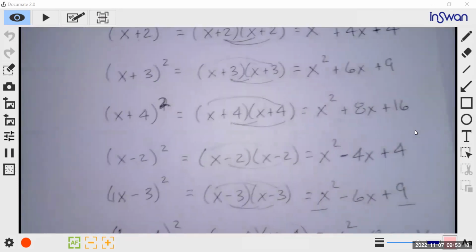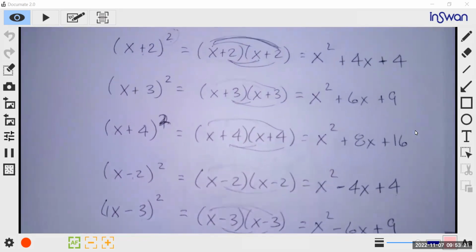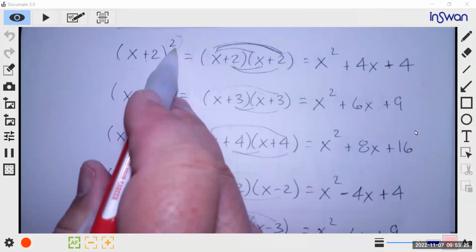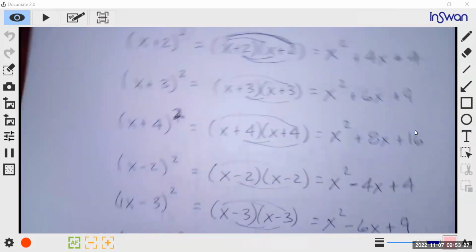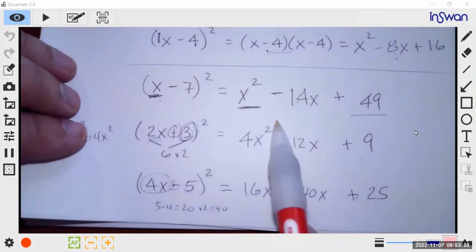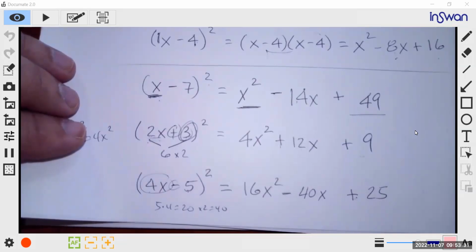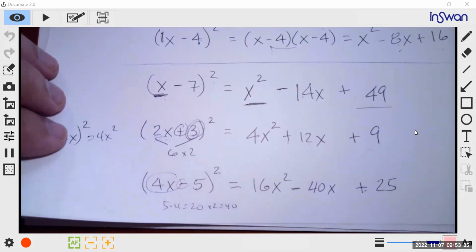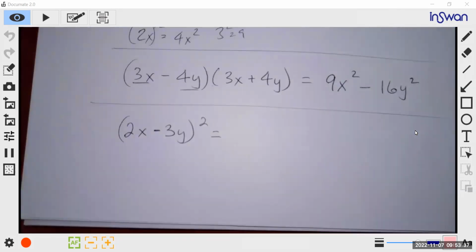We just did a whole bunch of these. When you have a term squared, think about what you do.